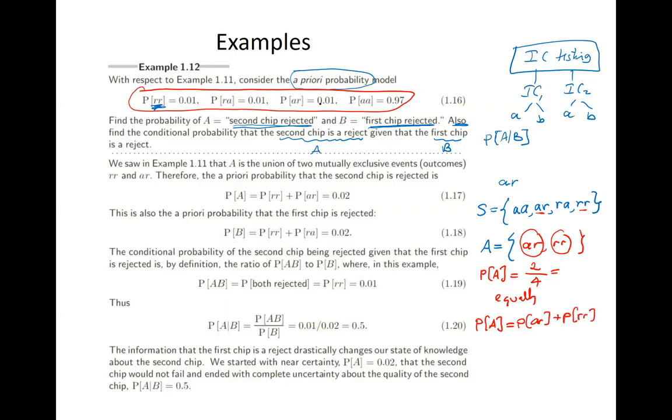AR here is 0.01 plus RR 0.01, which is 0.02. So that's the probability of A.